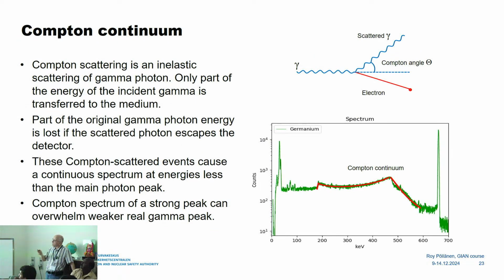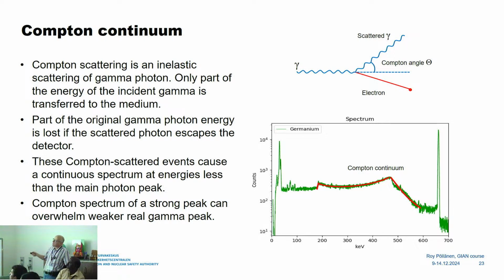So, the Compton continuum. It's this area of the spectrum. I repeat this because there might be some questions in the examination, I don't know. It's an inelastic scattering of a gamma photon. As you know, gamma can be scattered and the electron moves like this.